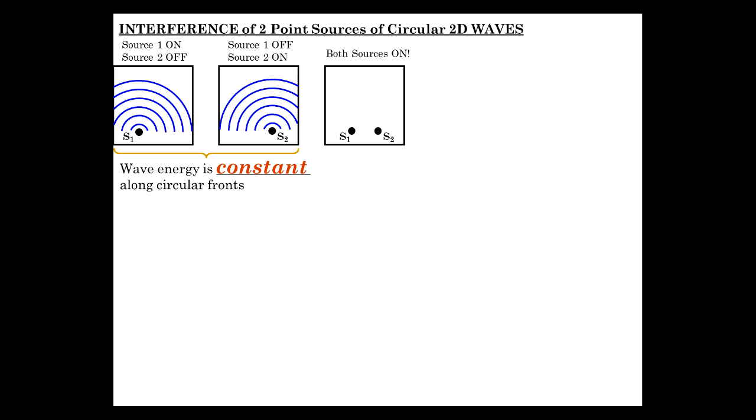Both sources on. We have both of the circular wave fronts, and they're superimposed on each other. Now, of course, when they cross, remember, these are highest amplitude locations. The crest is the peak of the wave. So when a peak meets a peak, when you see these crossing points, you know that they should be adding to greater amplitude.